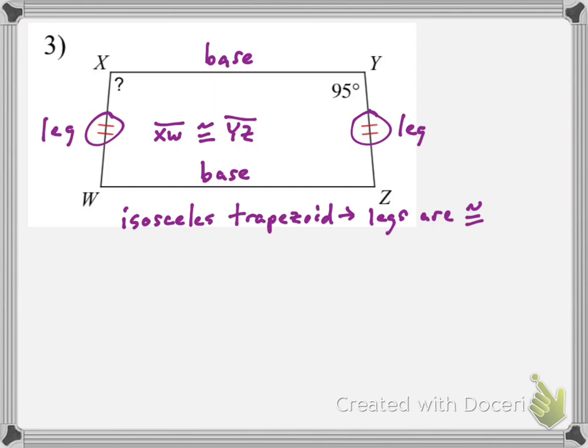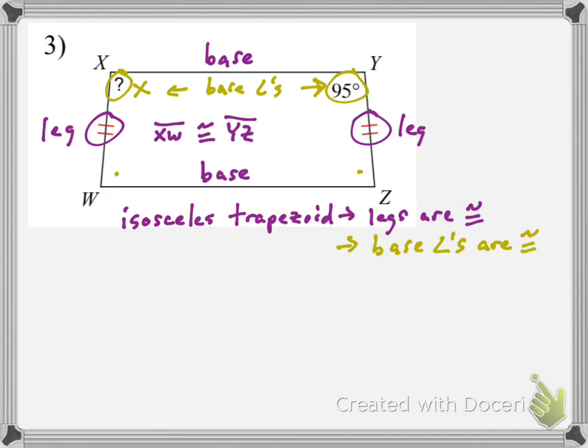So, what that also means is that these right here, so we'll call that x, are called base angles, okay? These are base angles. So not only are the legs congruent, but the base angles are congruent.